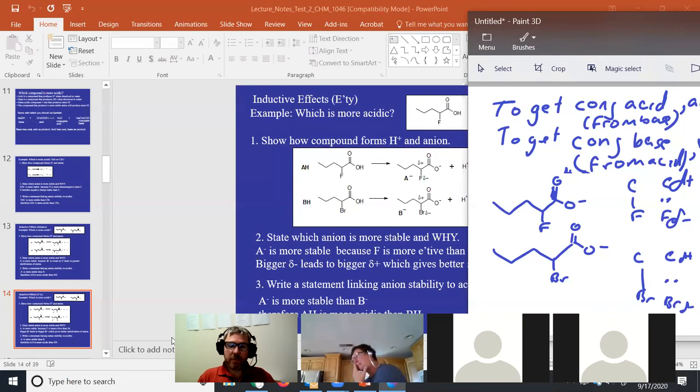Okay. Yeah, I have one. Which one would take priority? Like, let's say that the F was on the squiggly line to the left. Would bromine be a stronger acid? Could they be closer? I wouldn't, that's the thing.